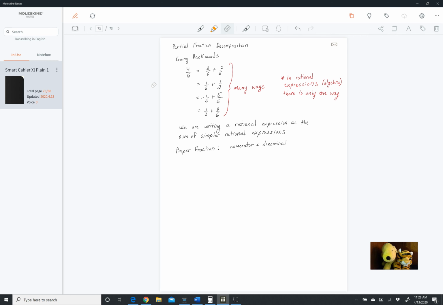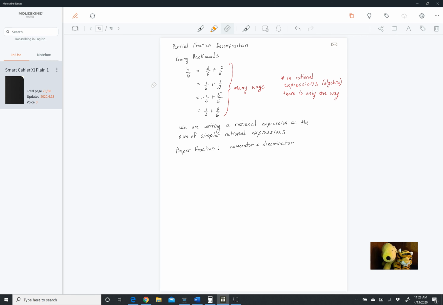Four over 6 is a proper fraction. 2 over 7 is a proper fraction. But if you have something like 7 over 3, that would be improper. In that case, the numerator is greater than the denominator. Okay. If the numerator equals the denominator, then it's irrelevant because our fraction is just 1.